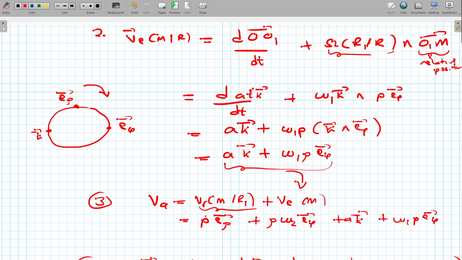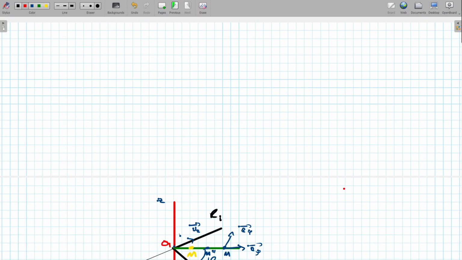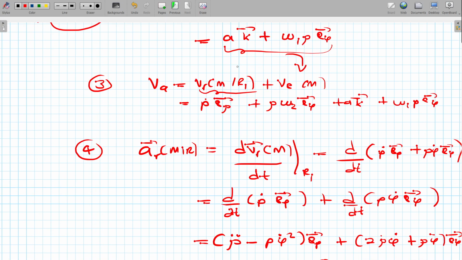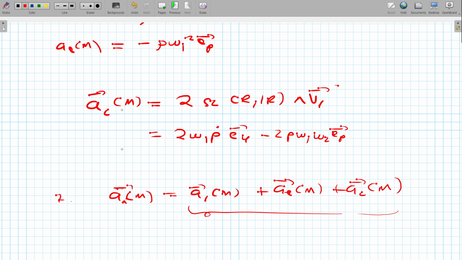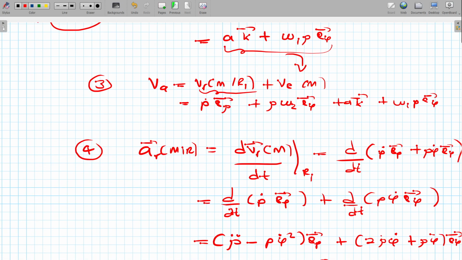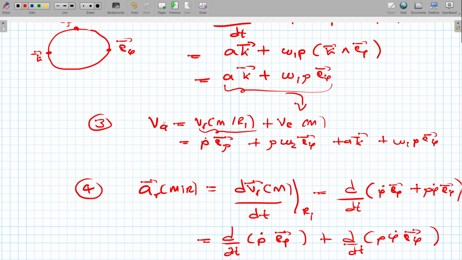Now there's one thing that I want to tell you about these calculations. Since you found the absolute velocity, I know you'll be tempted, when you're asked to find the accélération absolue, to find the derivative of the absolute velocity. No, don't do that.